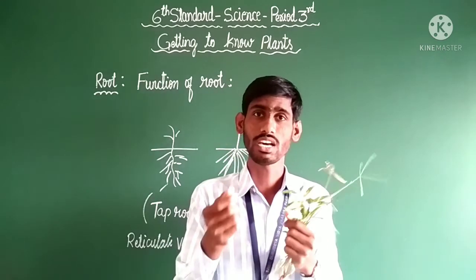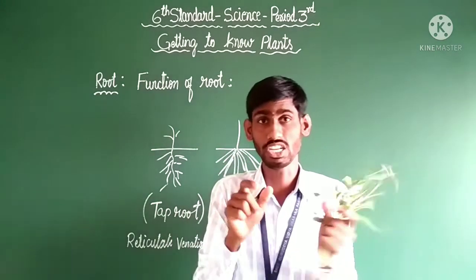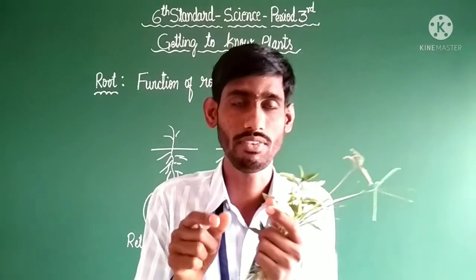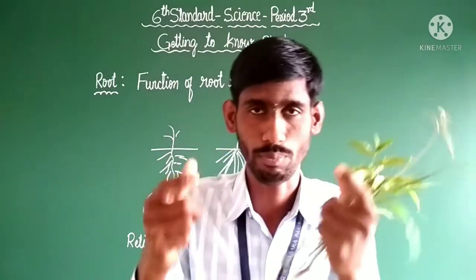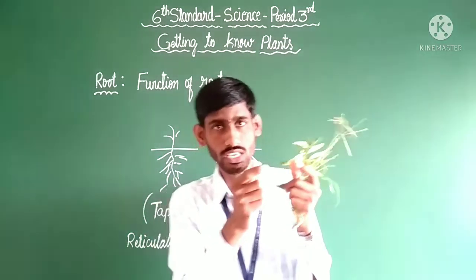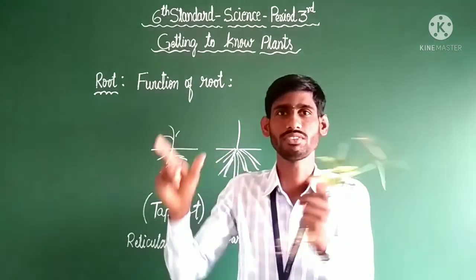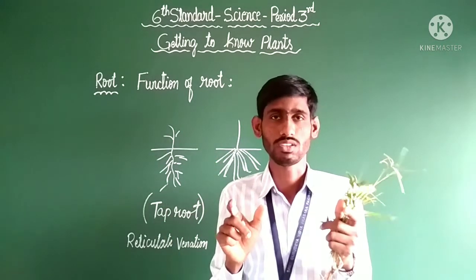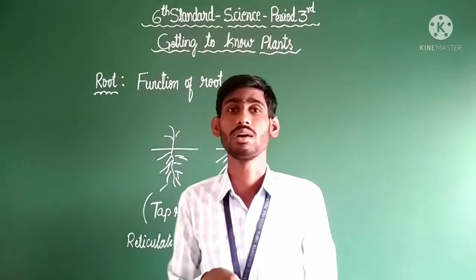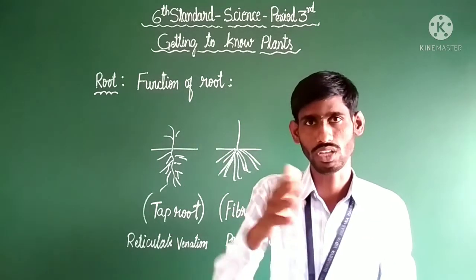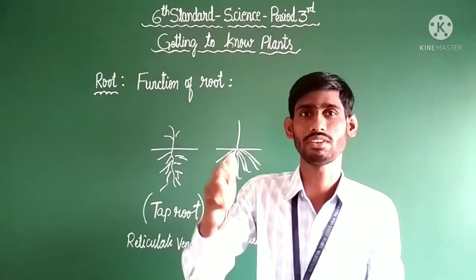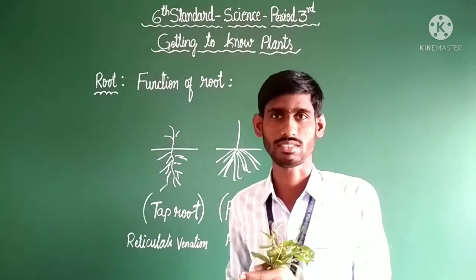This food passes to all parts. What is the role of photosynthesis? Preparation of food, and the prepared food must reach all parts of the body. While the food passes from one part to another part, it is stored in different ways, in different parts.